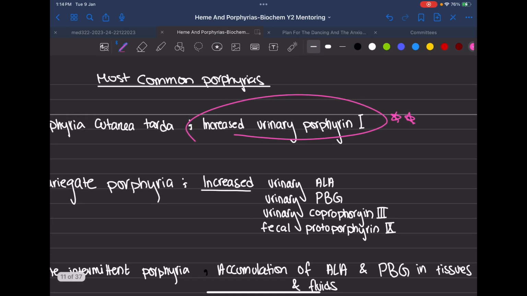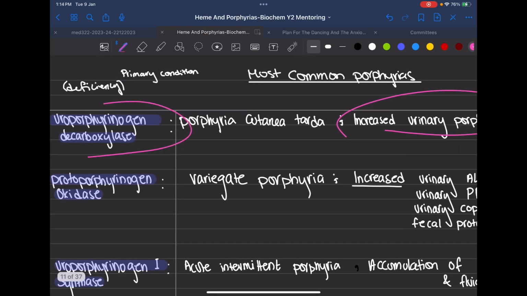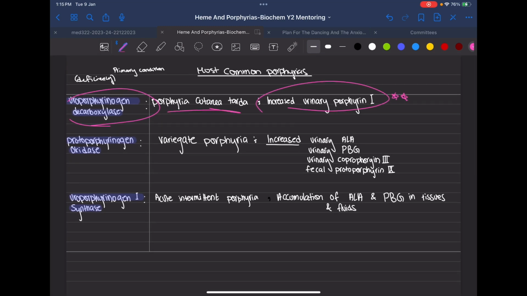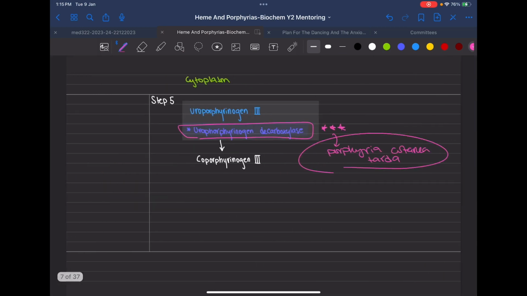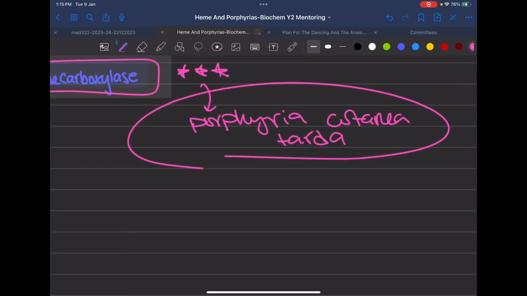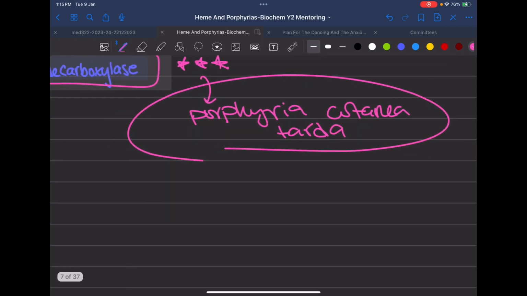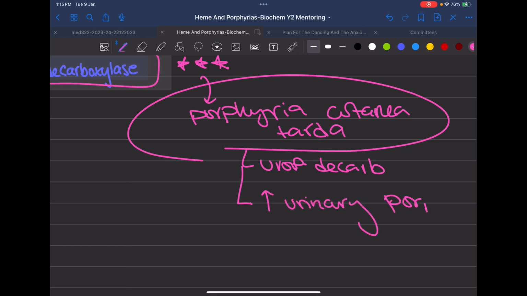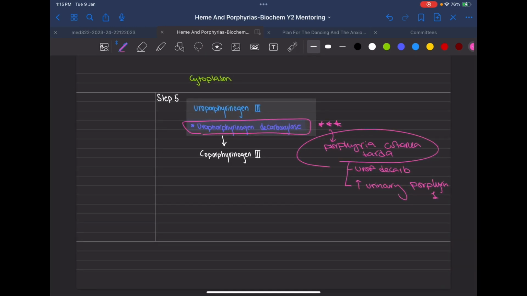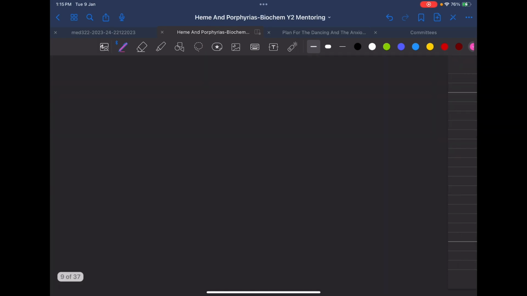You're required to know the clinical presentations of the porphyrias, which enzymes they're related to, and of course their names. So I'm going to go over here. So Porphyria cutanea tarda associated with a deficiency in uroporphyrinogen decarboxylase, and presents as increased urinary porphyrin 1. This is our first porphyria covered.